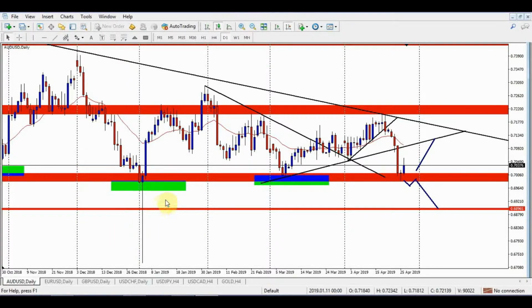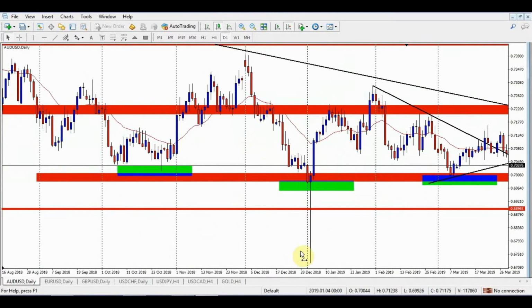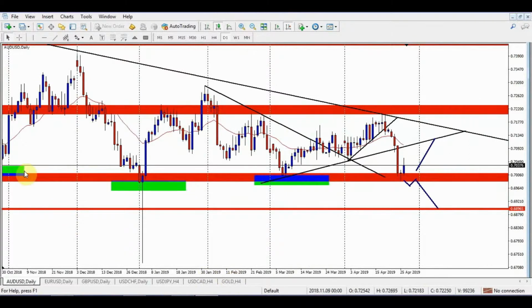AUD USD. Basically, we're still looking at the same pattern here for the past couple of weeks, the past 2, 3 weeks, we have been looking at this inverted head and shoulders. Last week we did call a low, we predicted this to take a fall down to these areas down here, and that is exactly what happened.